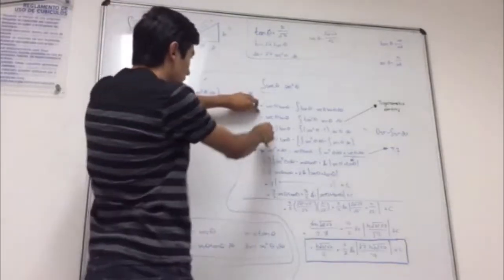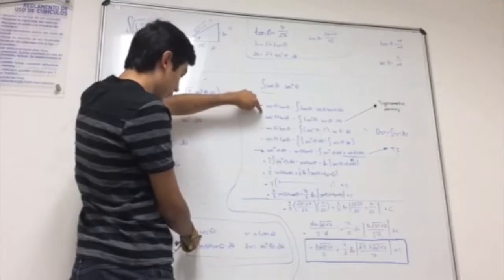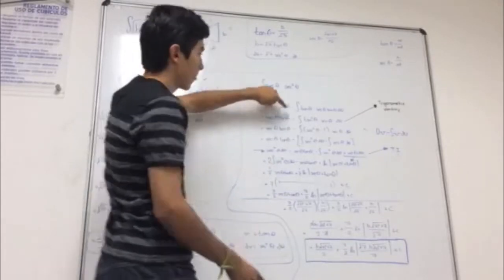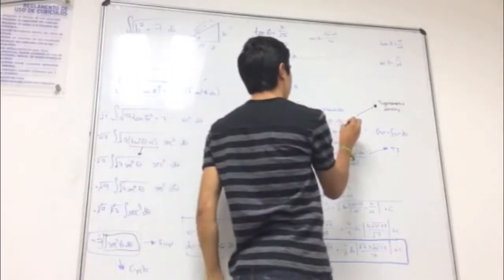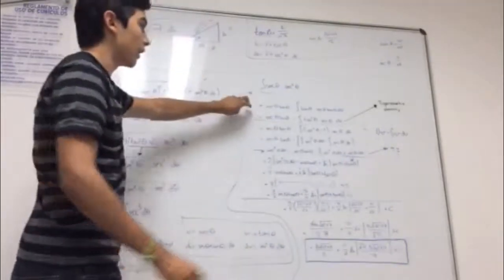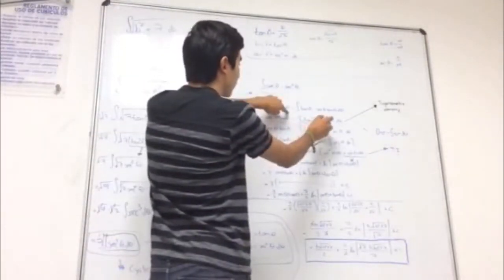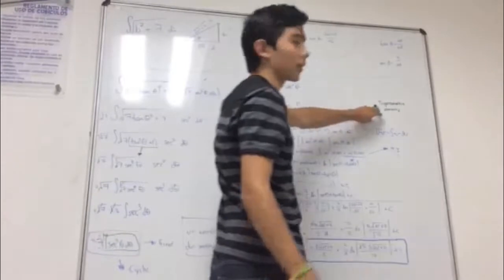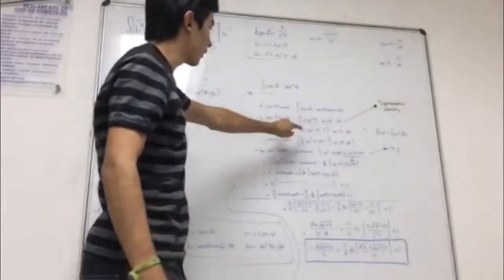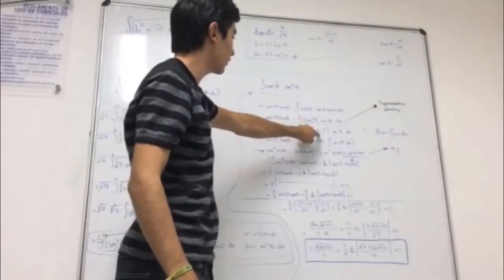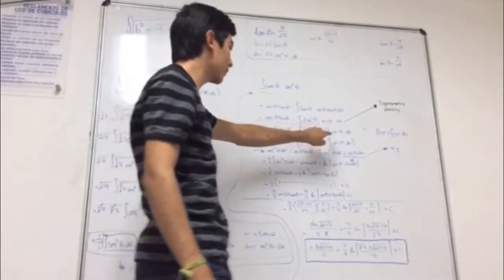We use u, that is secant, and v, and following the formula, we got this, and this tangent squared of theta is a trigonometric identity. So we use secant squared theta minus 1.